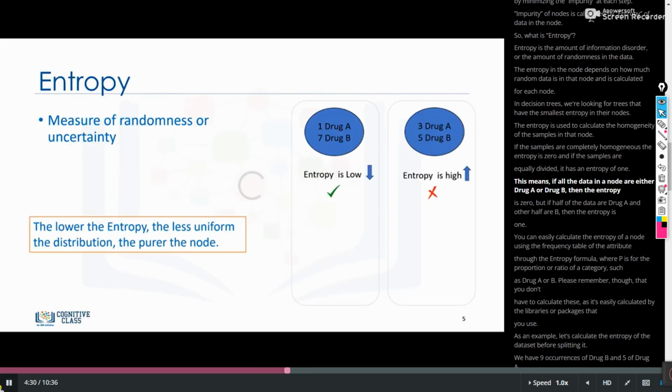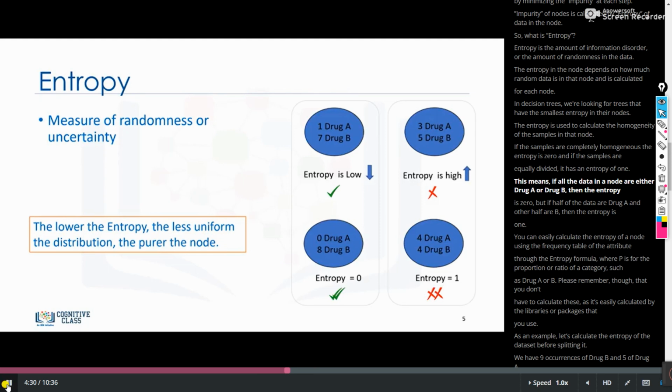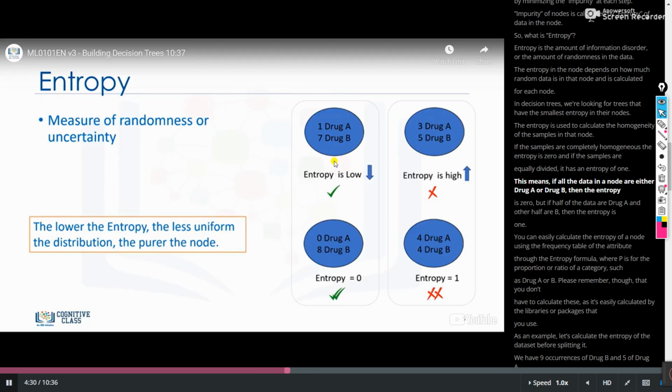But they are explaining here the entropy, which is the randomness or uncertainty. So in the first circle, if there is drug A, that is quantity 1, and 7 drug B, so entropy is low. Why is it low? Because we can conclude more about B, that going down we can have B also. Is that clear?